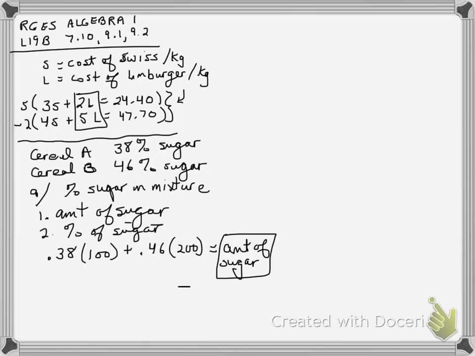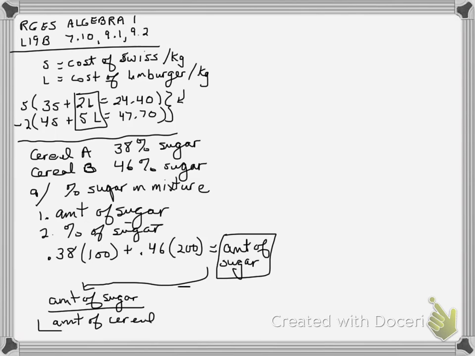So hopefully that's clear to you. Now to figure out step 2, the percent of sugar, I would take that answer, the amount of sugar in the mixture, not in A or B, and I would divide it by the amount of cereal. That would give me the total in the mixture.